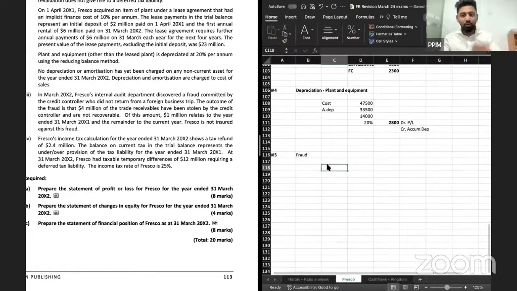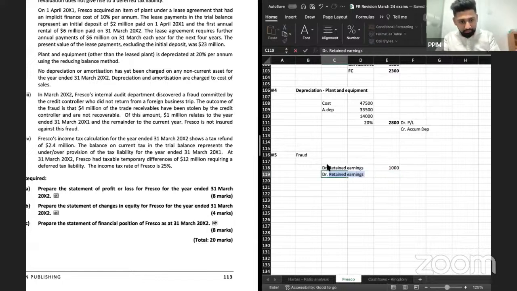First, IAS 8 accounting policies, changes in estimates and errors says if there is any error, a brought forward error has to be adjusted in the opening statement of changes in equity. So in the statement of changes in equity, you're going to adjust. How much are you going to adjust in the opening retained earnings? You're going to debit retained earnings of 1,000 because this has to be adjusted in the brought forward retained earnings.